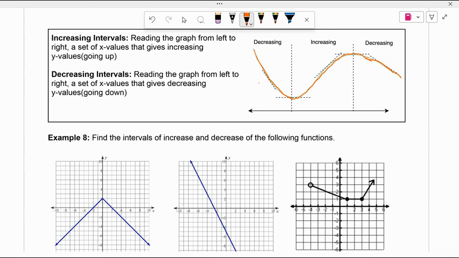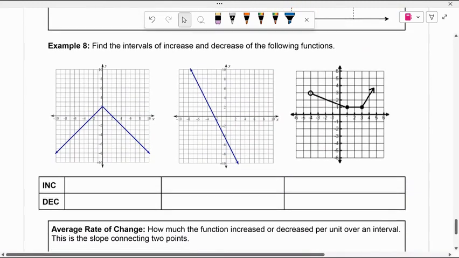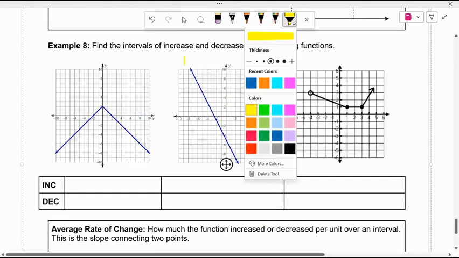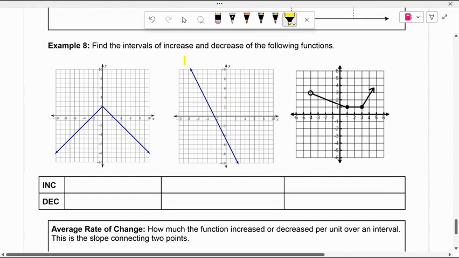So it's where we're going up or down, left to right. So again, we'll use our highlighters. So it's increasing. Well, this is a lot easier. There's only a couple different things. It's increasing as we go left to right. Well, that's where we're going up, and that's it.